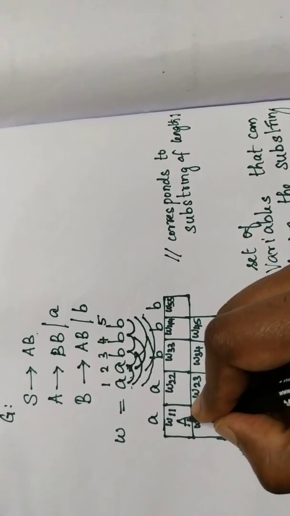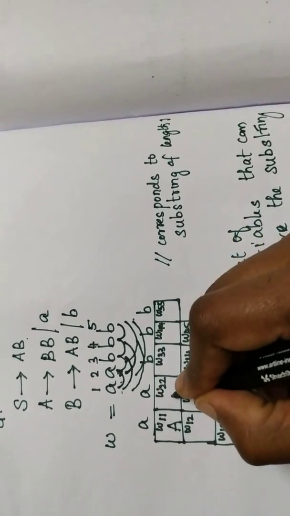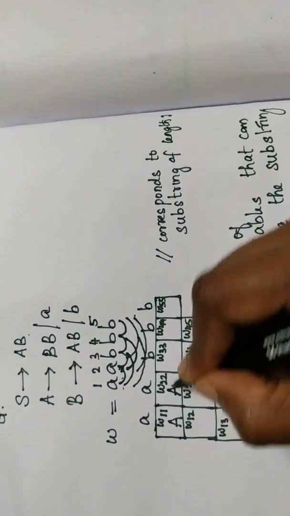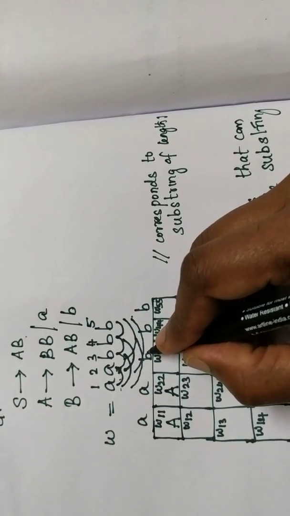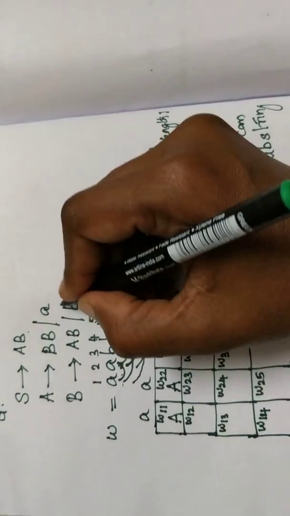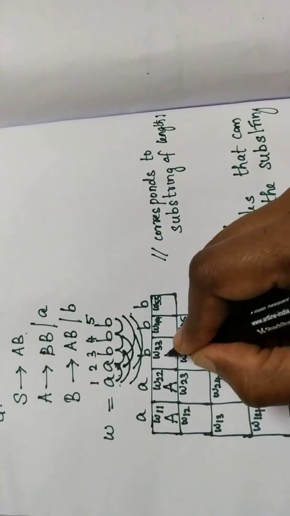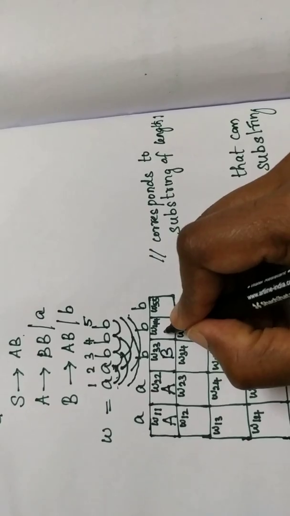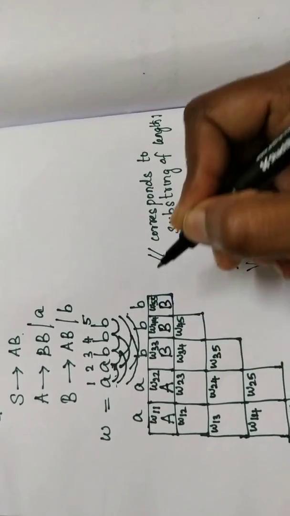Variable A can derive substring a. Similarly here also A. And from the grammar, the substring b can be derived by variable B, so it is B here, and similarly here also we have B.